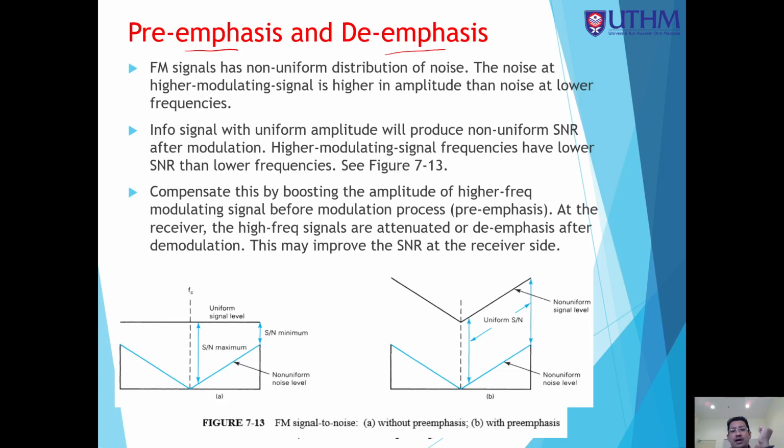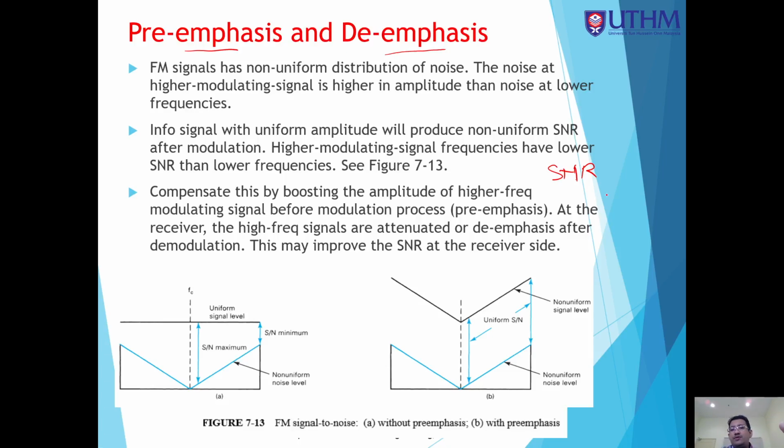Okay. Now the issue that we want to see is about the SNR, signal to noise ratio. So the signal to noise ratio in angle modulated signal is not high, especially when we use a higher modulating signal frequency.